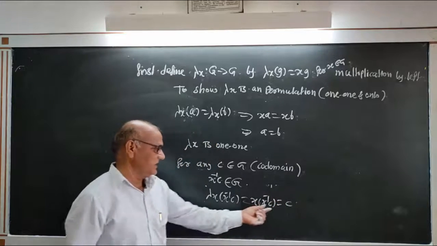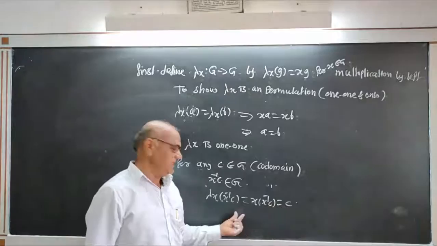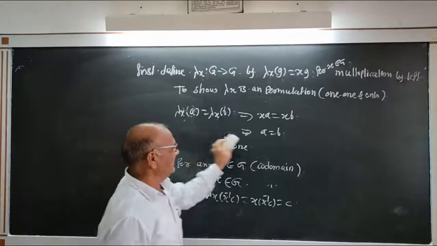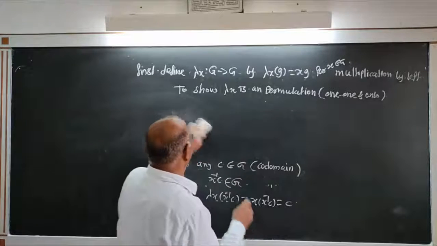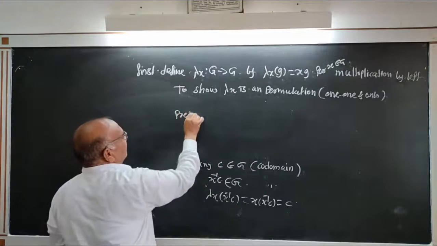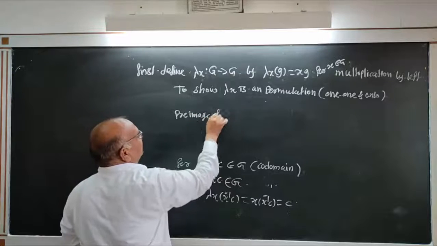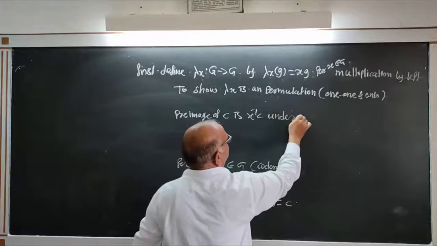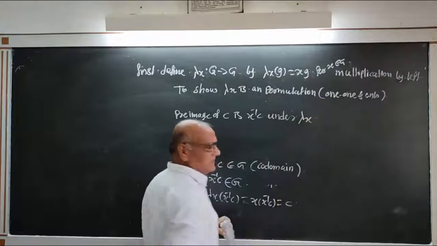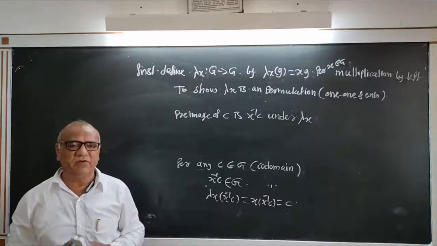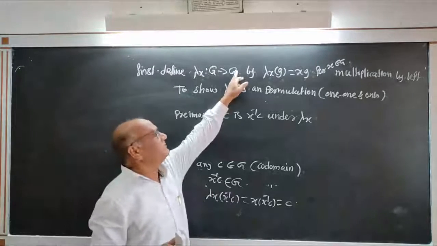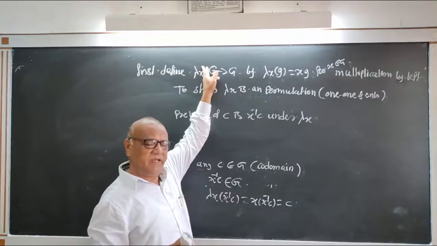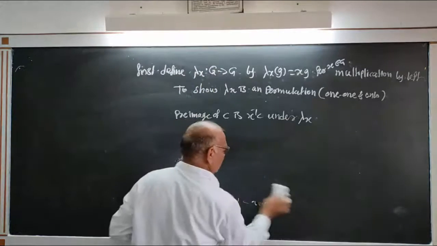That means the preimage of c under lambda_x is x inverse c. Every element of the codomain G has a preimage in the domain G, so it is onto.